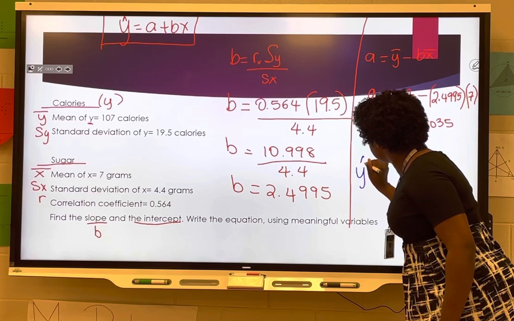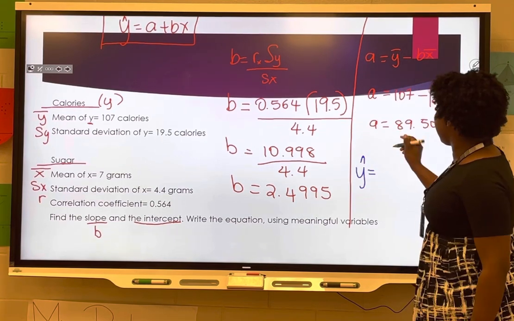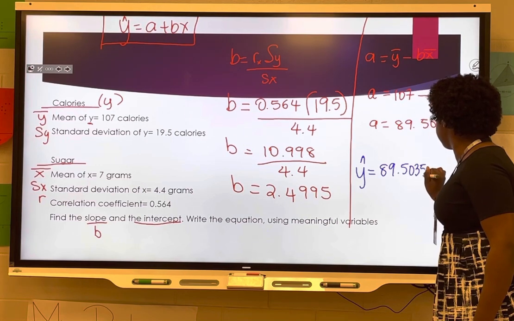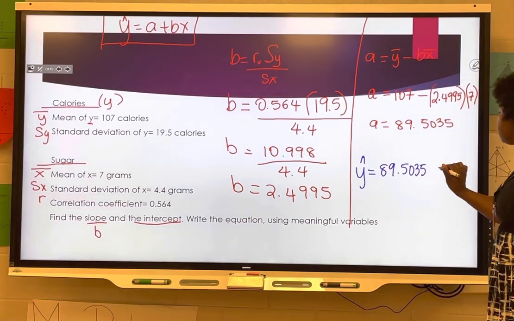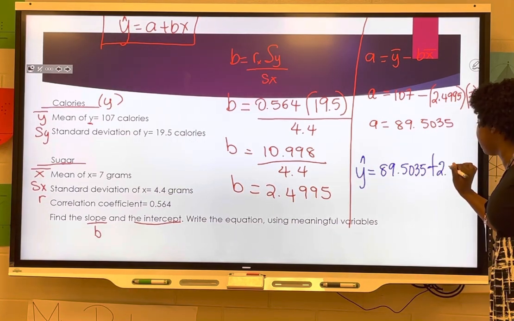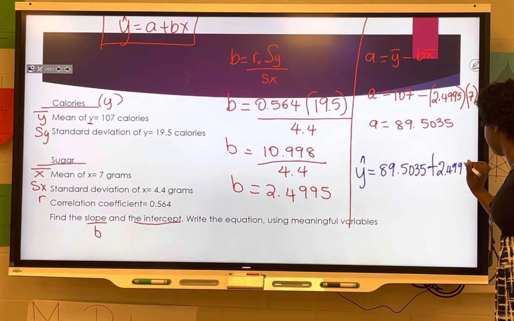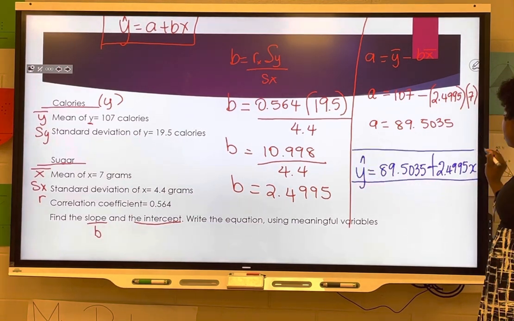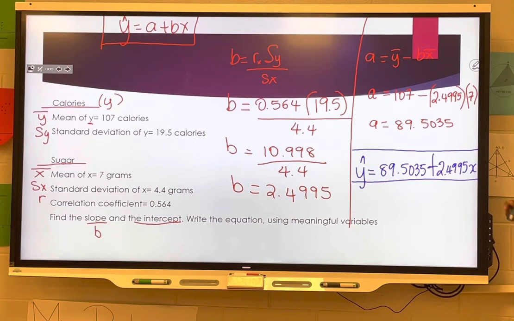So y hat is equal to a, 89.5035, plus, in this case my slope is positive, so plus 2.4995x. This is the equation of my model, my least squares regression line. Same as saying the equation of your model. Okay, so this is it.